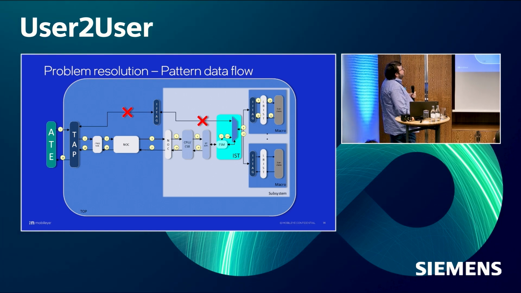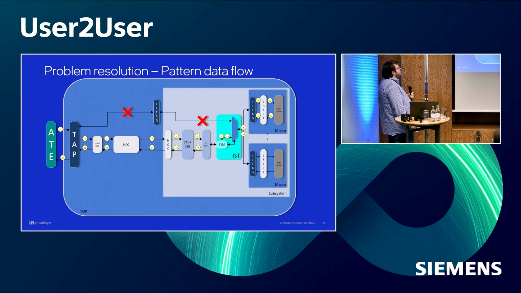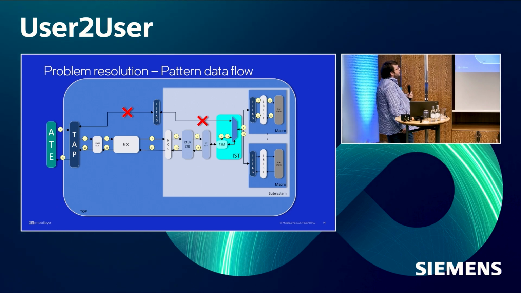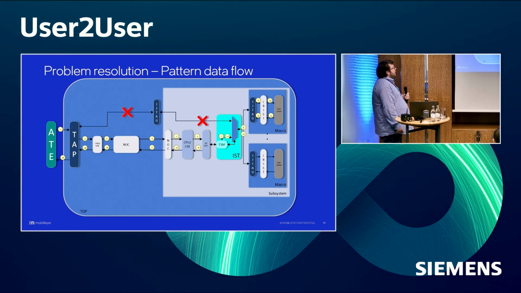Instead, we are using this middle path, which exercises the network on the chip, which allows us to program the CPU from the ATE and receive the pass-fail status.